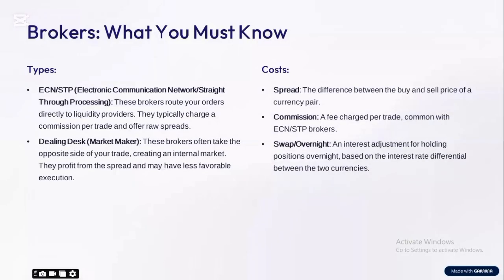So they have what we call the swap fee or the overnight fee. The swap is the interest adjustment for holding a position overnight, based on the interest rate differential between two currencies. So the two currencies you could be trading, Euro USD.